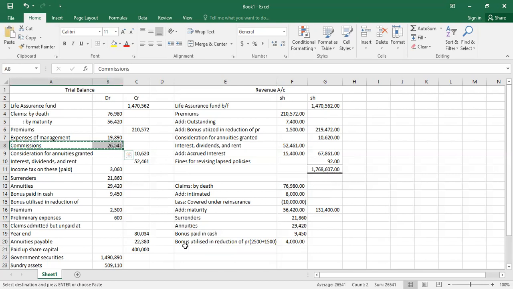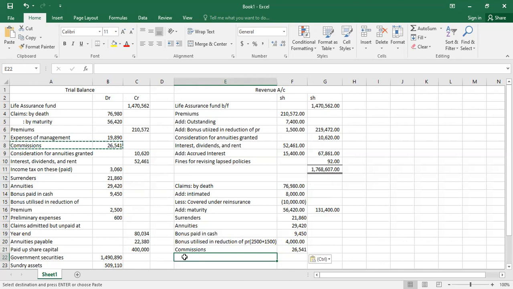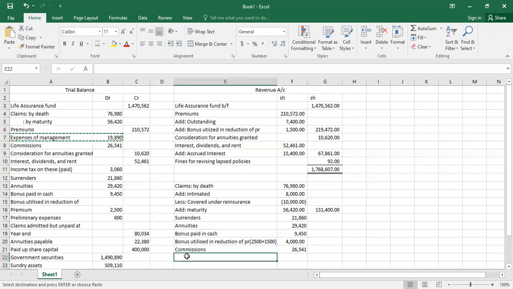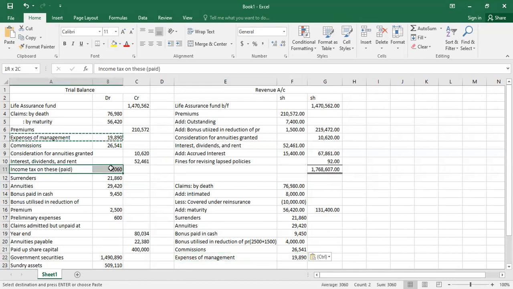I'm trying to look through the list to see what is supposed to be the revenue account item. Those are the commissions, even the management expenses, supposed to be debited. Then I have the income tax.